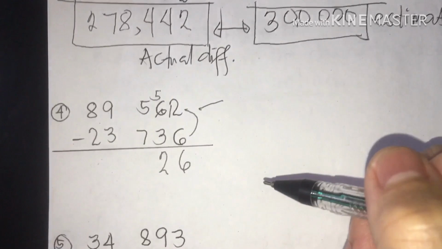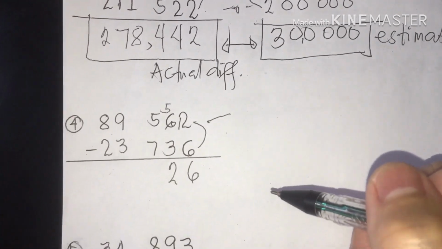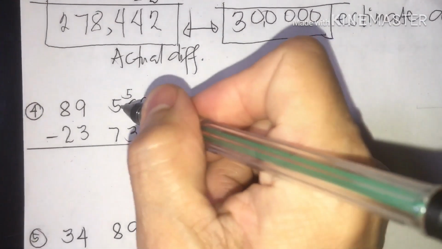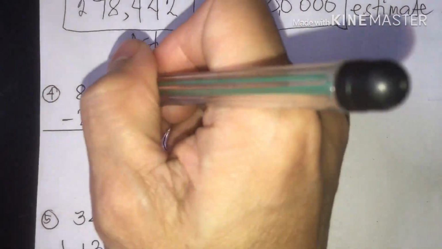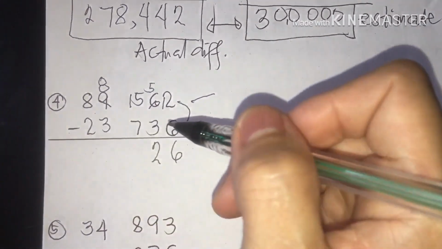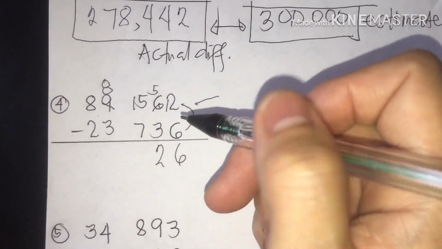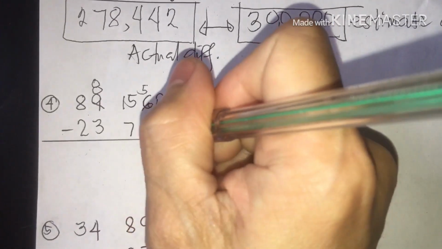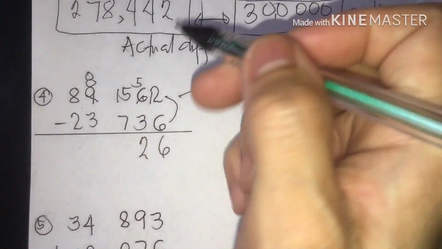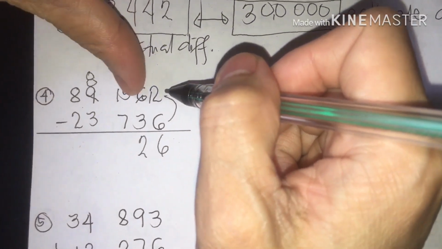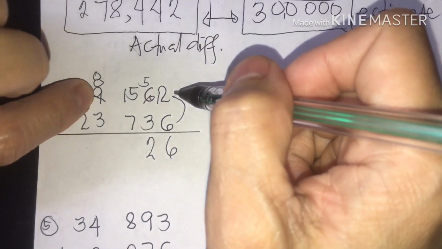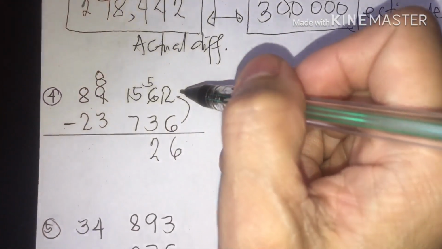There are sometimes that we need to regroup, class, in order that your answer is correct. Next, 5 minus 7. This one we're going to borrow from 9. 9 becomes 8. Careful, class. 15 minus 7.